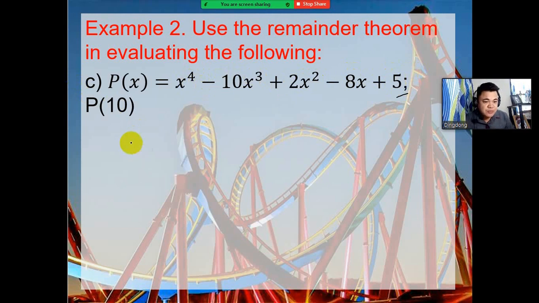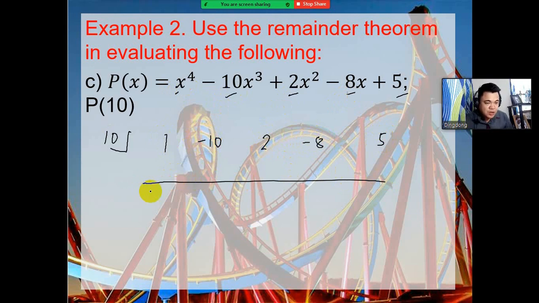So let's now proceed. Our divisor is 10. The first coefficient is 1. The second is negative 10. The third is 2. The fourth is negative 8. And then we have 5. So bring down 1, times 10 is 10. Then negative 10 plus 10 is 0. 0 times 10 is 0. Plus 2 is 2. Then 2 times 10 is 20.